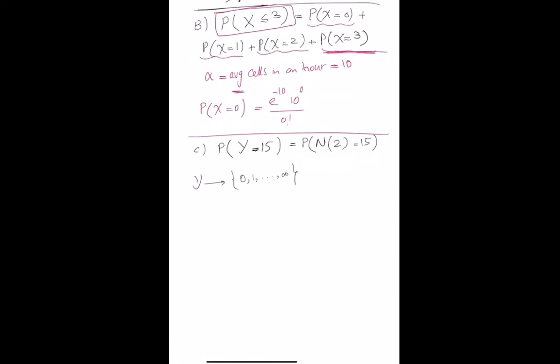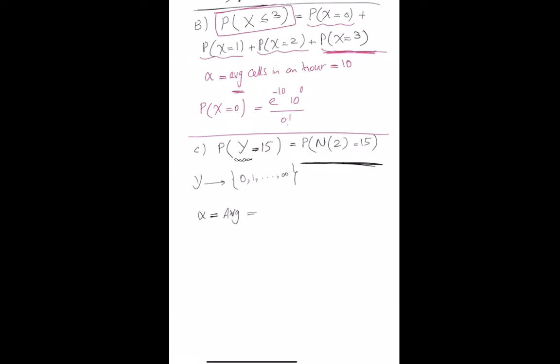To be able to calculate this probability, I need to calculate the corresponding alpha. Can you tell me first, what is the definition of alpha? Define it for me. Here, for this random variable, what is alpha? Average number of calls in 2 hours.